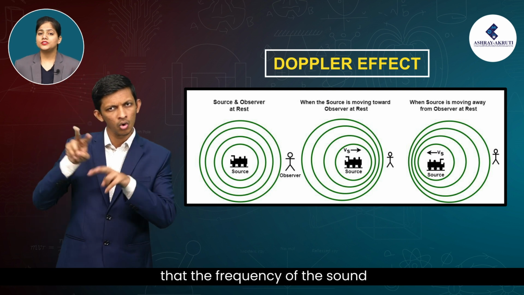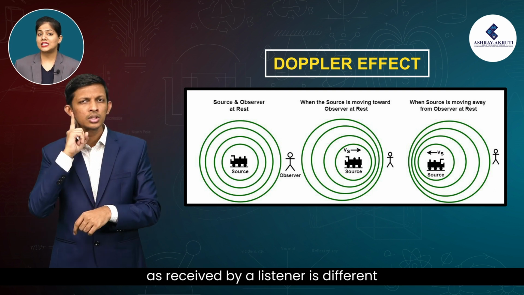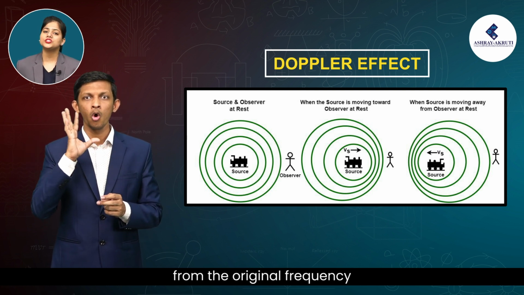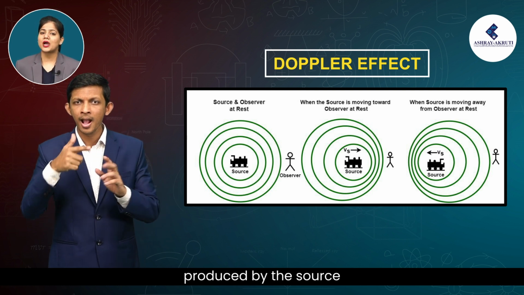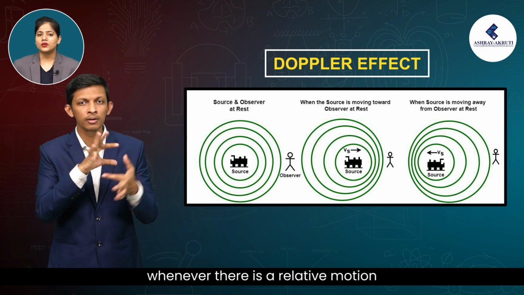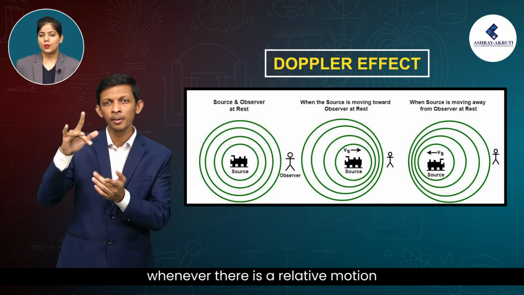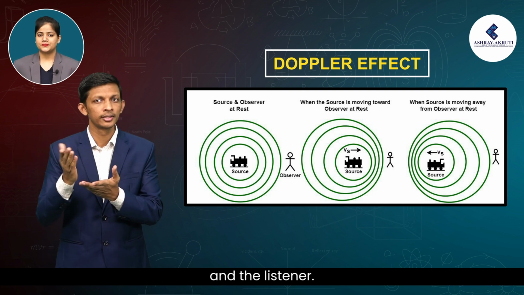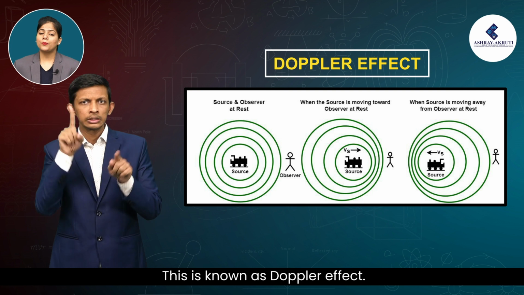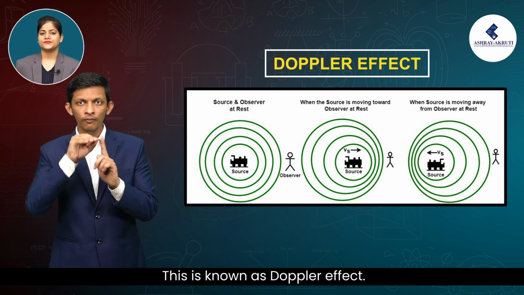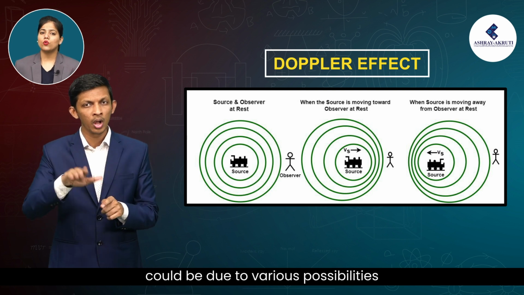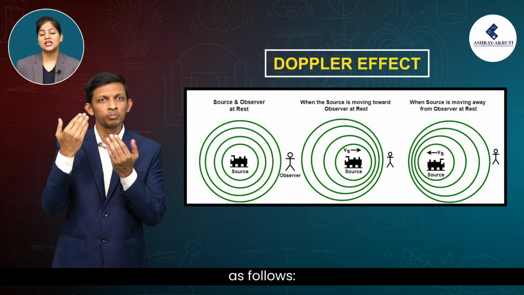He observed that the frequency of the sound as received by a listener is different from the original frequency produced by the source whenever there is a relative motion between the source and the listener. This is known as Doppler effect. This relative motion could be due to various possibilities as follows.